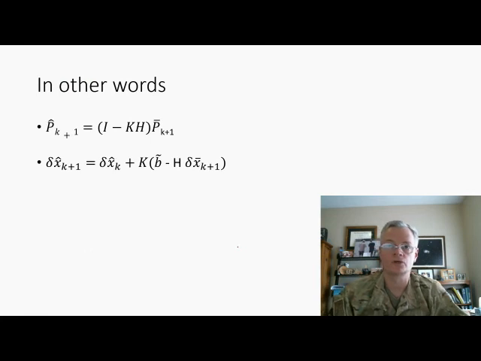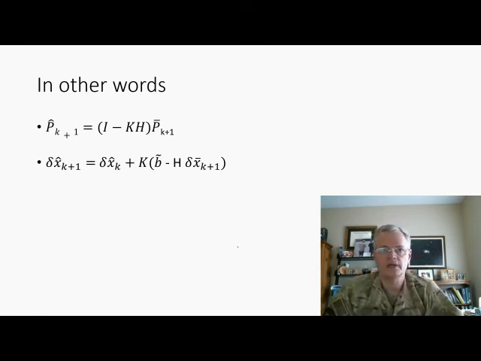So, in other words, these are the key equations we come up with. Our covariance matrix, including information from the new data, is this. Okay, so it's based on this linear algebra here and the predicted covariance at that same observation.